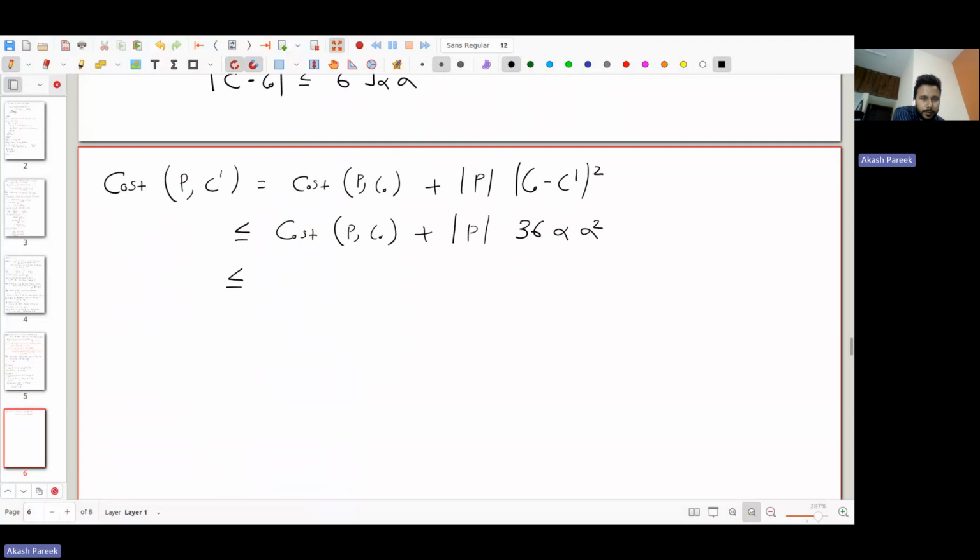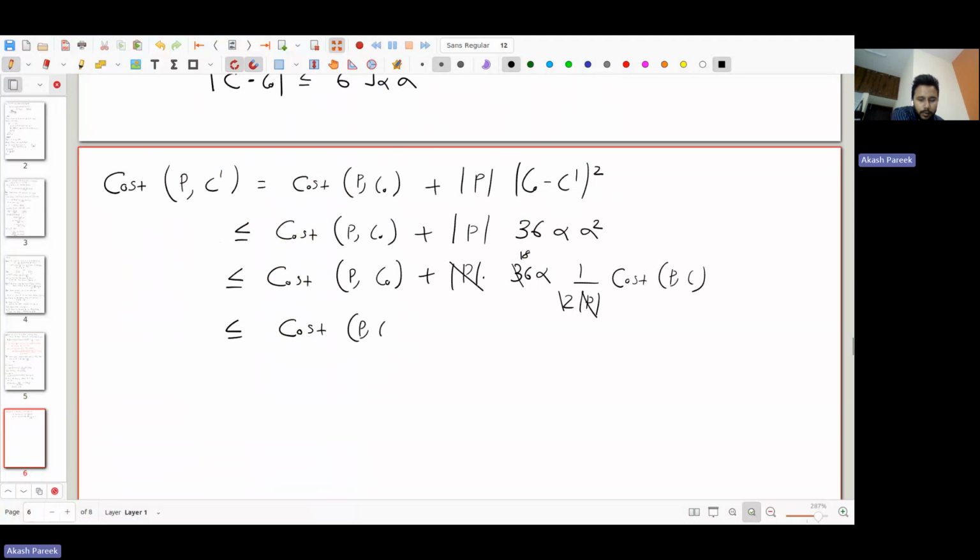Putting the value of sigma there, 36 alpha times sigma is 1 plus 2 times the cardinality of P times the cost of P on C. So this and this get cancelled, we get 18 here, and P and P get cancelled. So this gives us the cost of P on C0 plus 18 alpha times the cost of P on C, right?